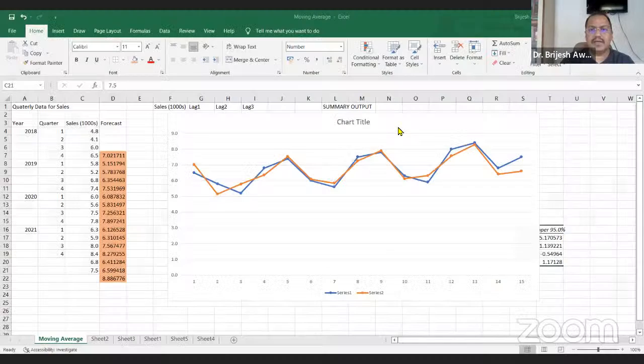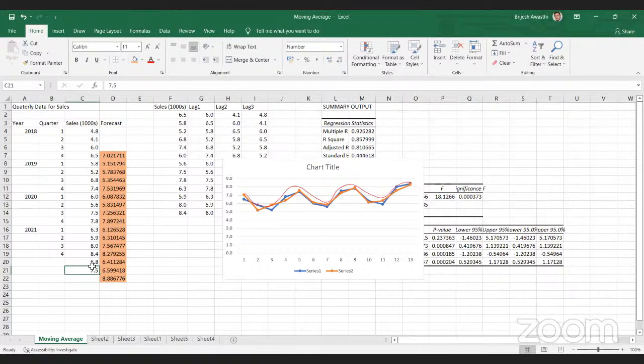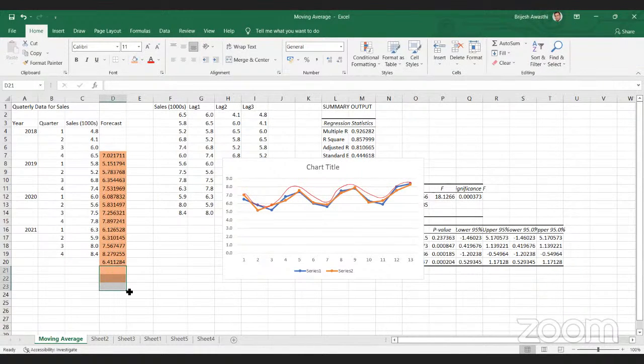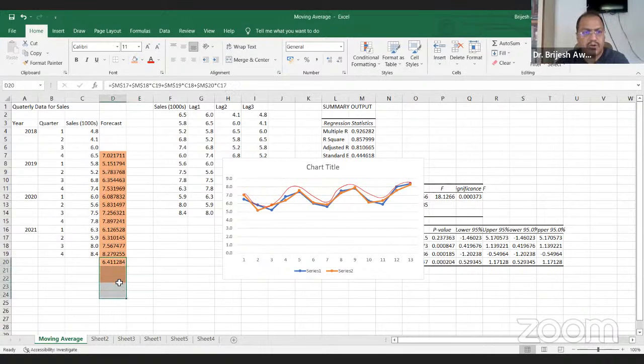Sir, can we calculate the error as well? Yeah, definitely we can calculate. Can I delete the chart? Yes, sir. And can I remove this data also? Yes, sir. I'm not talking about the forecasting now. Okay, delete.